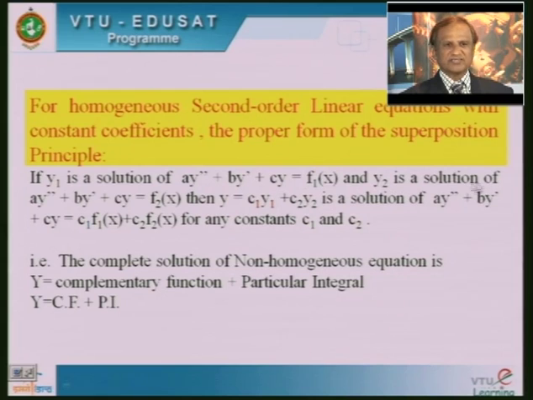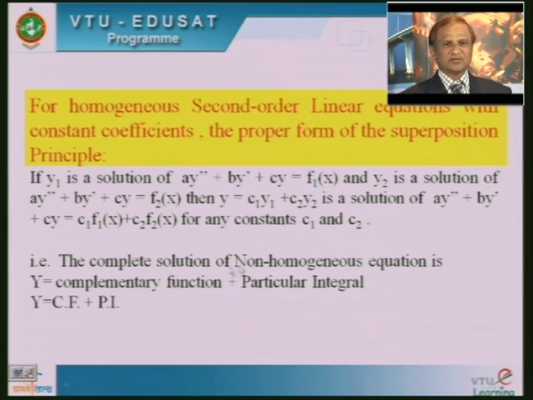And y2 is a solution of a y double prime plus b y single prime plus c y is equal to f2 of x. It is also a non-homogeneous equation. Then y is equal to c1 y1 plus c2 y2 is a solution of a y double prime plus b y single prime plus c y is equal to c1 f1 of x plus c2 f2 of x for any constants c1 and c2.